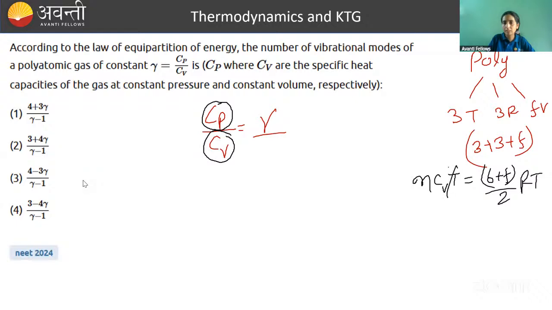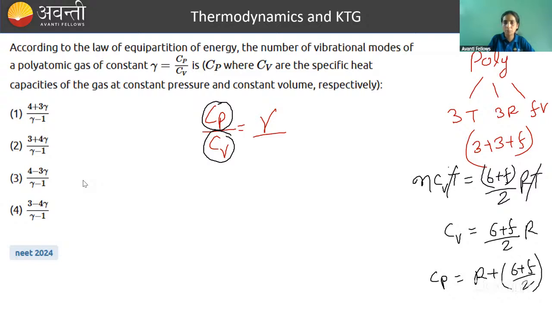So T will get cancelled. That is why here I have written half RT. So Cv is equal to (6 plus F) by 2 into R. What will be Cp? Cp will be R plus Cv, that is R plus (6 plus F) by 2 R.